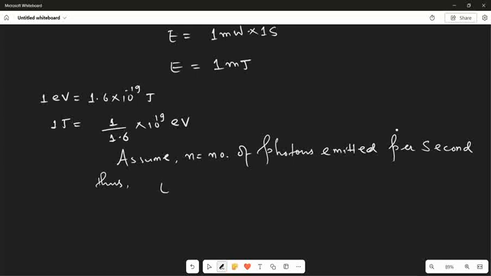So our energy will be equal to n times h nu, and this will be equal to 10 to the power minus 3. This 10 to the power minus 3 factor comes from this milli factor, divided by 1.6 into 10 to the power 19 electron volt.